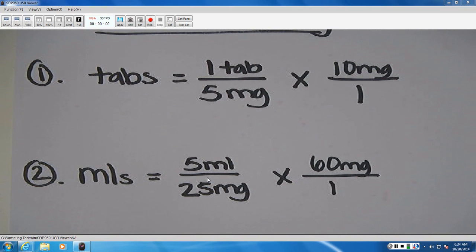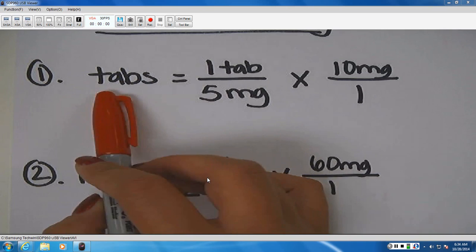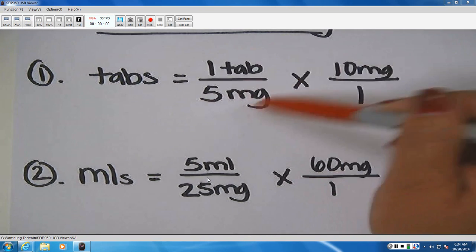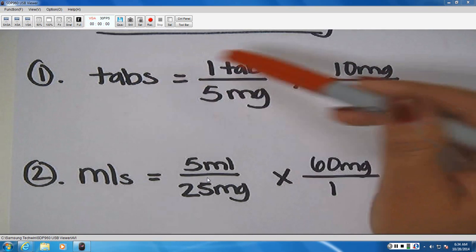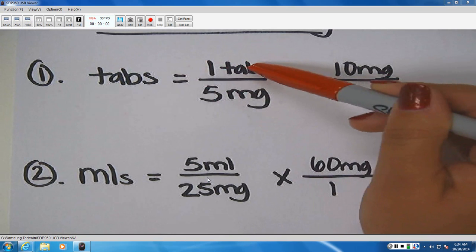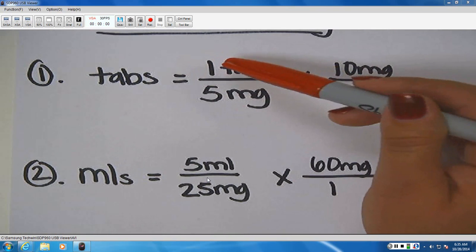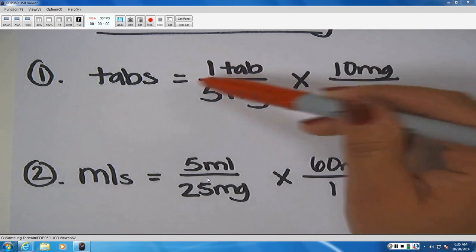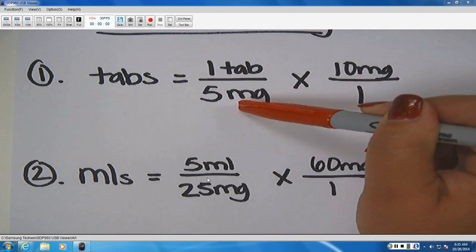We have glycoside 5 milligram tablets on hand. Since we're solving for tablets, when I set up my fraction, the numerator is going to be what I'm solving for. So it's going to be tablets up here. And I know, according to my dose on hand, that 1 tablet is 5 milligrams.